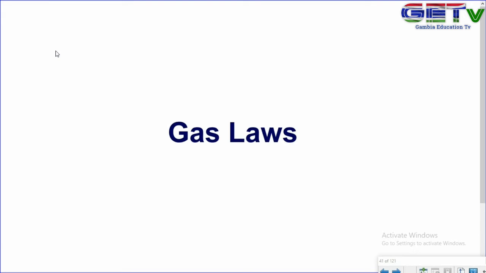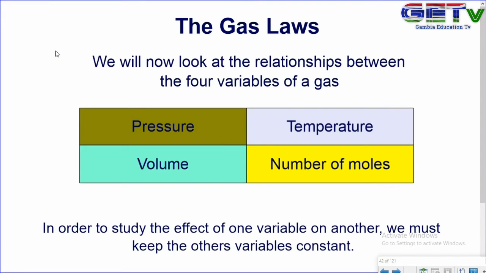We'll now look at the relationships between the 4 variables of a gas: pressure, volume, temperature, and number of moles. Okay. In order to study the effect of one variable on another, we must keep the other variables constant.